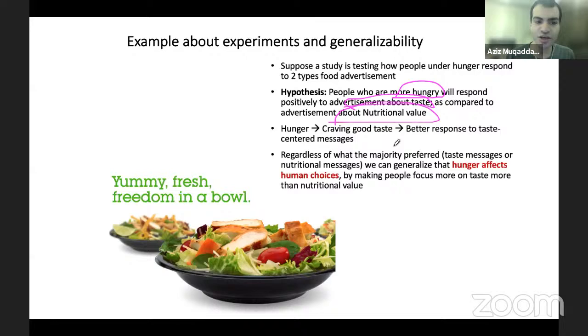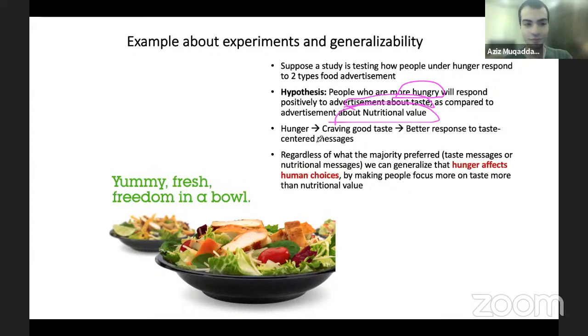And the logic of it is somewhat intuitive. Hunger activates the food craving parts of your brain, like you want a good taste. And so when you're hungry, you would respond better to taste-centered messages, right? You start thinking about sugary stuff and salty stuff and fatty stuff.